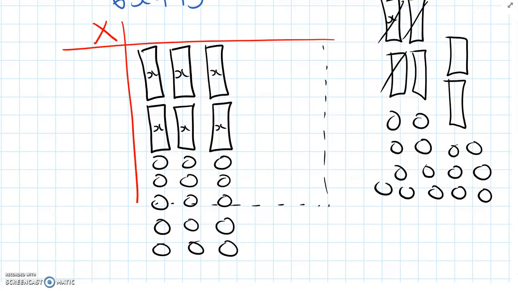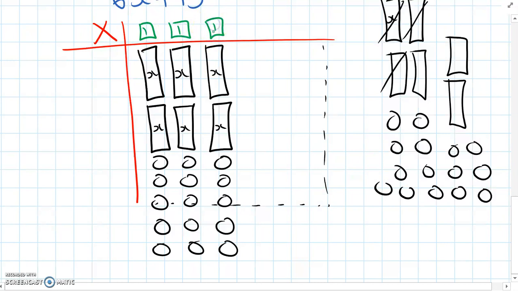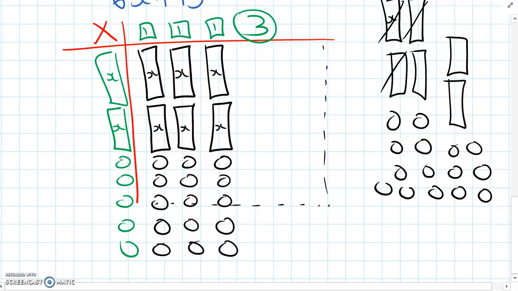We just need to figure out what the factors are. These columns, they're all 1 wide. So we'll have a 1, a 1, and a 1. That means 3 is one of our factors. And on this side, we have an x. The next row, that's x tall as well. And then we have 5 1s after that.